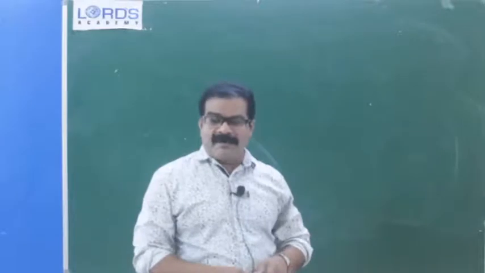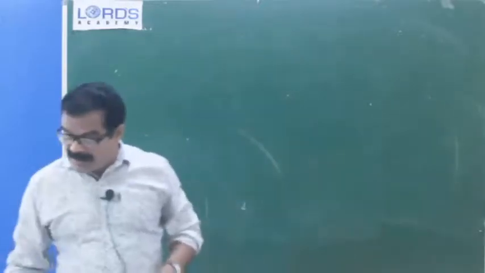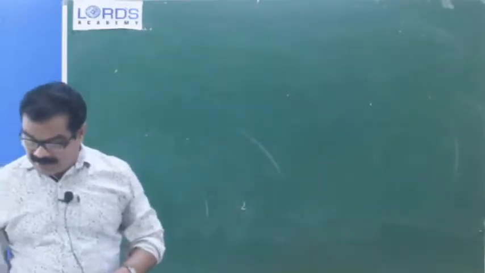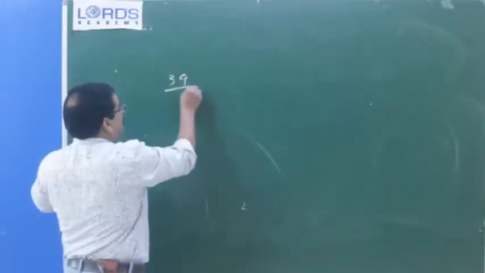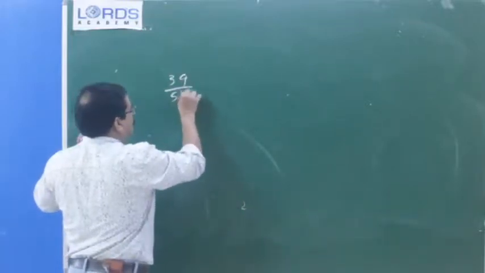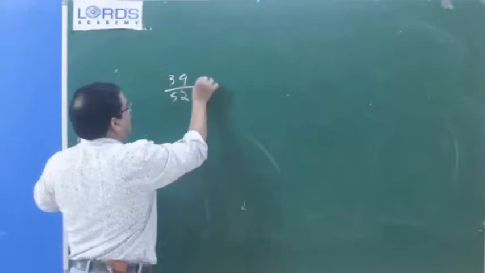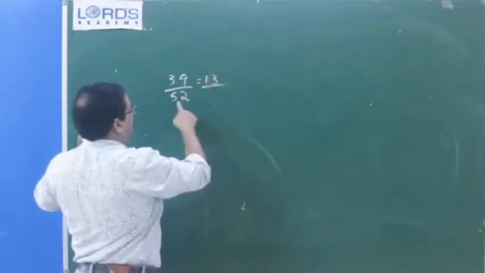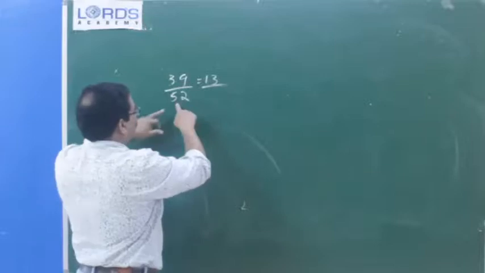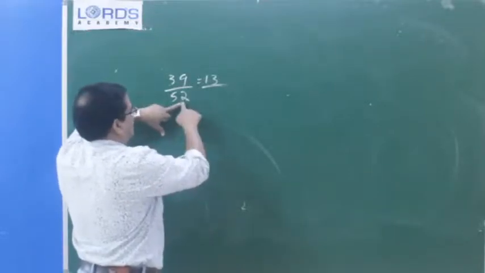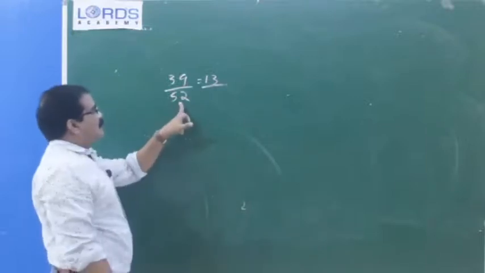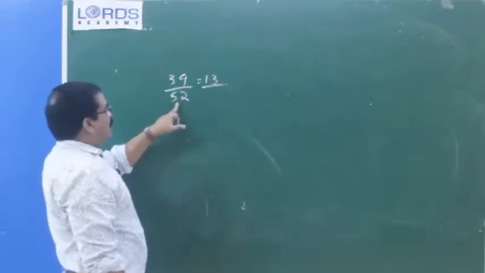So, 39 by 52 will be the answer. Here 13 threes are 39, and 13 fours are 52, so you will get 3.